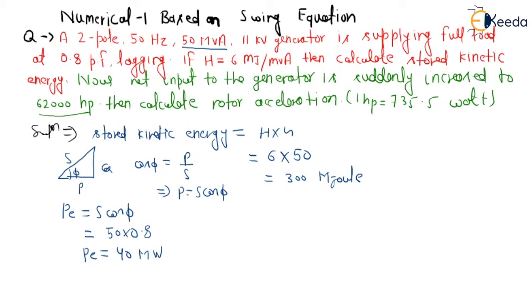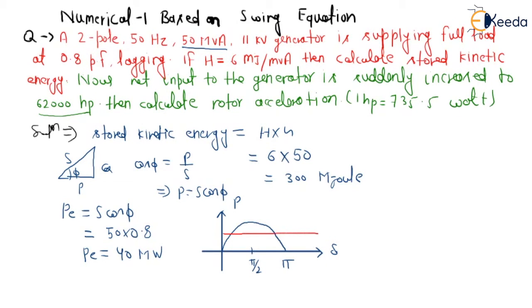So I am drawing the P-delta diagram here. This is Y axis and this is X axis. We are representing delta on the X axis and P on the Y axis. For the P-delta curve, I am drawing this sinusoidal curve, and this is pi by 2 and this is pi, and PM is equal to PE.